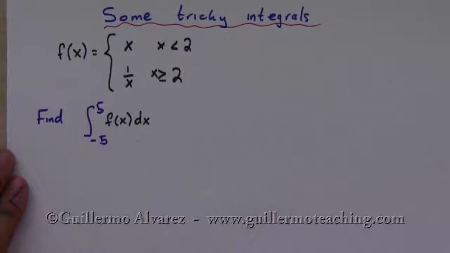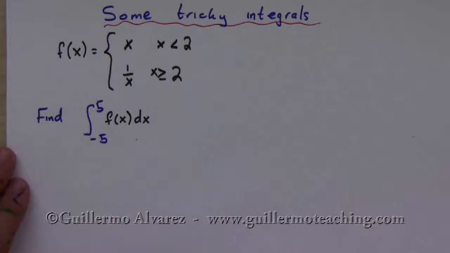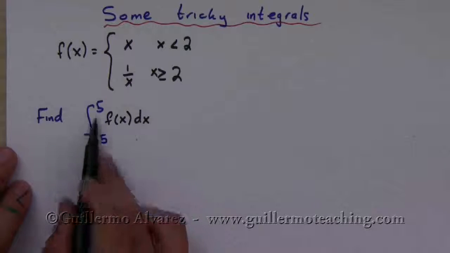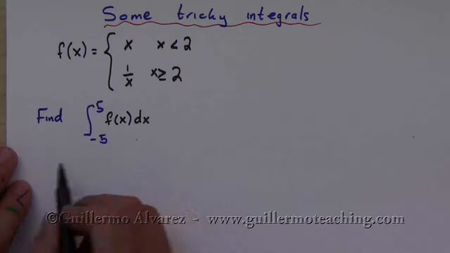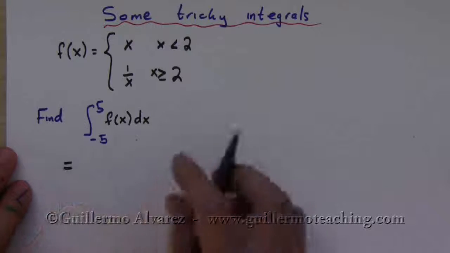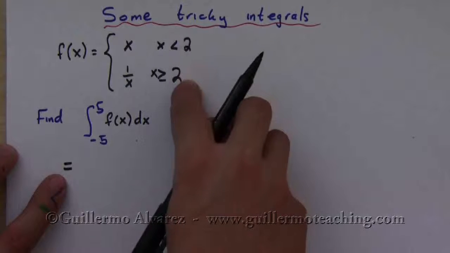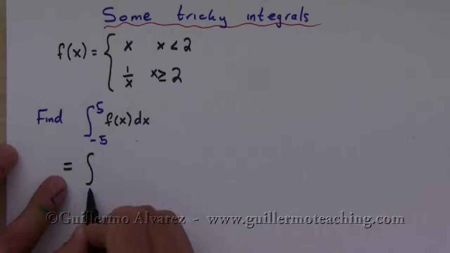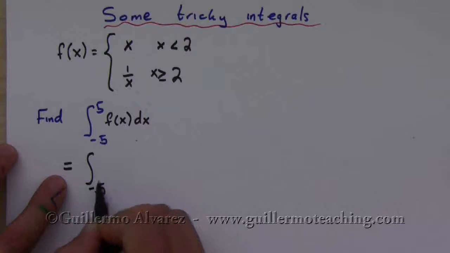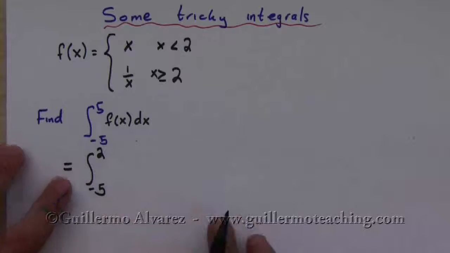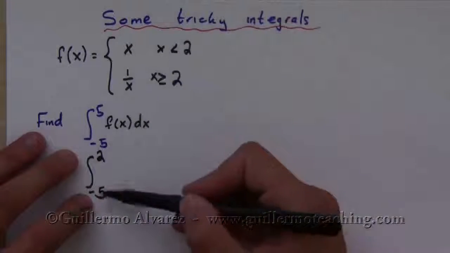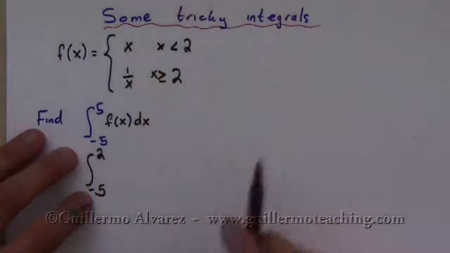So why don't I use the properties of integrals that say I can break this up? Can't I say, if I'm breaking it up at 2, because that's where it splits, I would break it up from -5 to 2. So then you look, okay, what function does it equal from -5 to 2? Is it x or 1 over x?